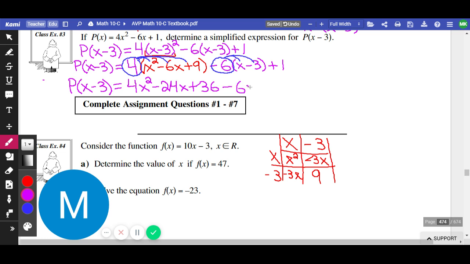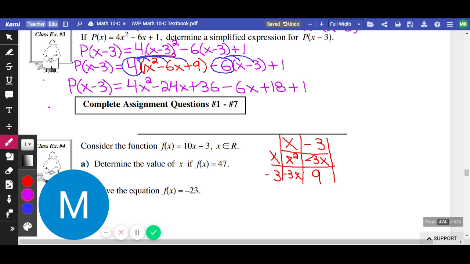Minus 6x plus 18, because remember the negative comes in with the 6, and plus 1. That's what my equation would look like after I've done all of my expanding.